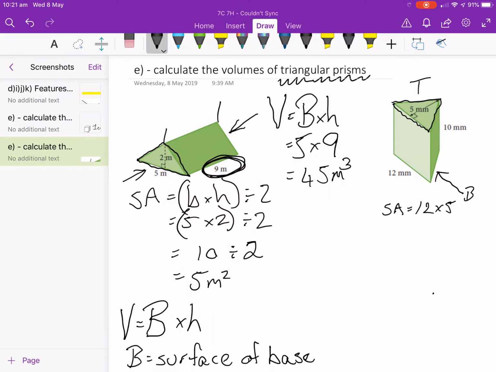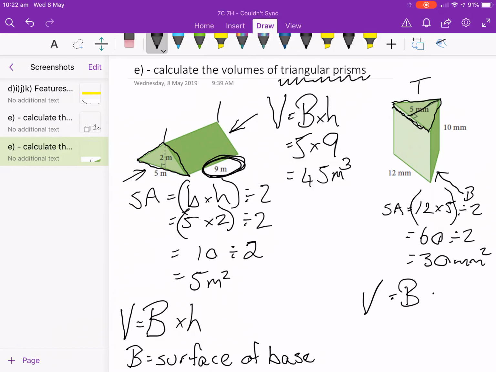So it is 12 millimeters times 5 millimeters divided by 2. So it becomes 60 divided by 2, which equals 30 millimeters squared. Now we can do our volume. We all make mistakes.